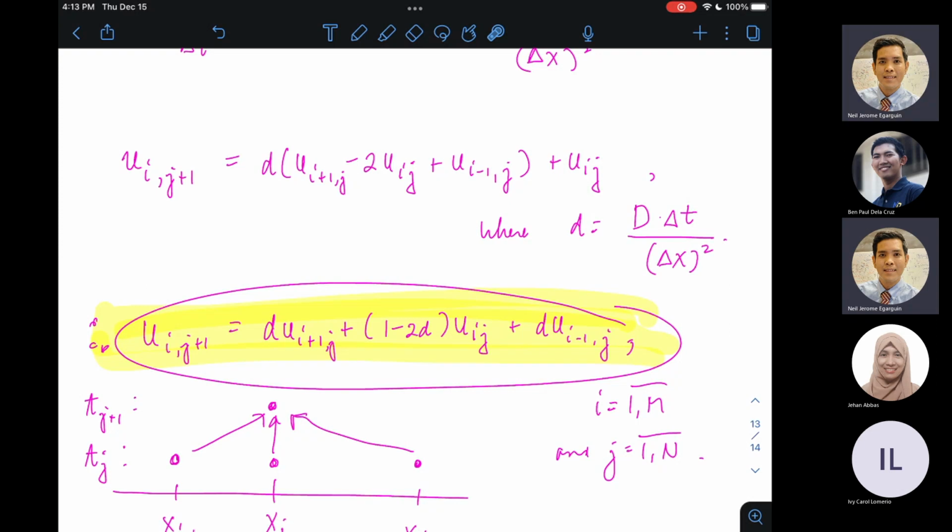It's iterative because you start from the initial condition, because this should be true for all i going from 1 to m and j going from 1 to capital N. So what happens when i is equal to 1? Well, when i is equal to 1, this becomes 1.